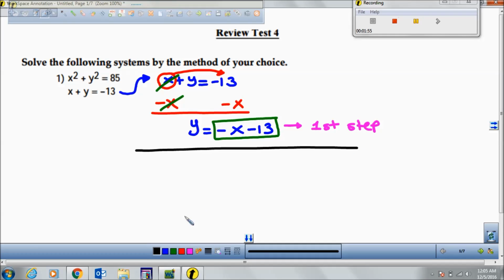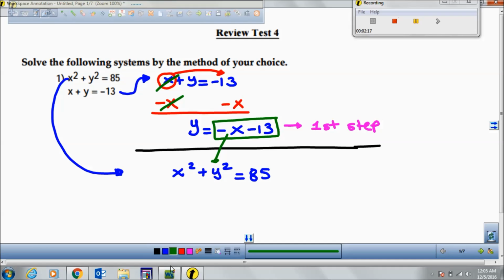From here, I'm going to do step 2. Step 2 is using the other equation that I have not used, x squared plus y squared equals 85, and into the y of this equation I'm going to substitute the value of y that I solved for in the previous equation.